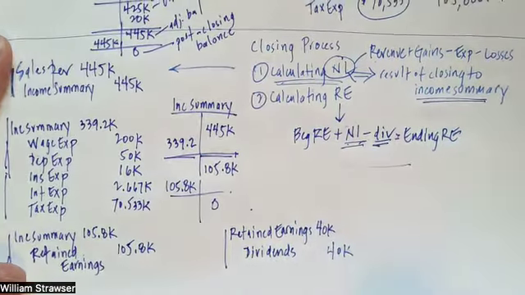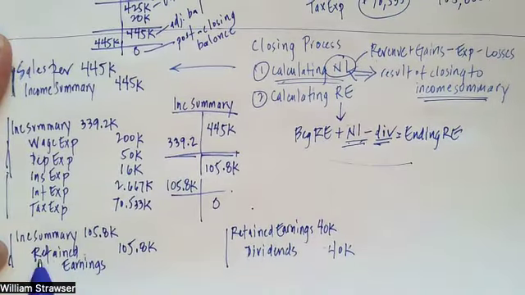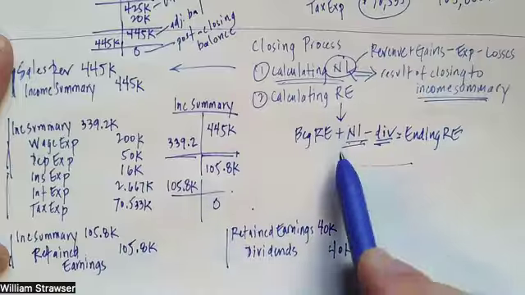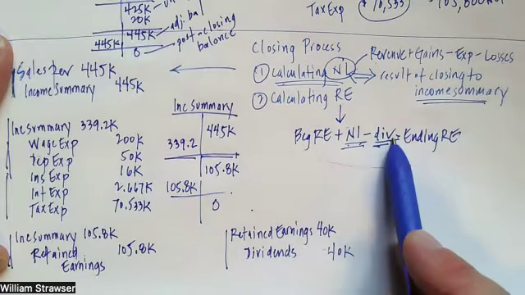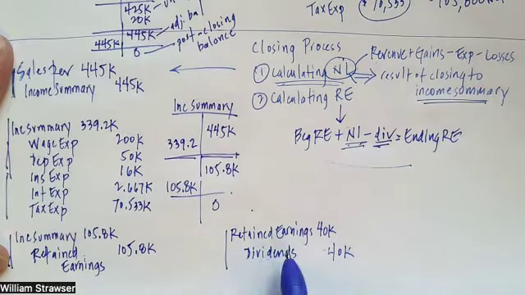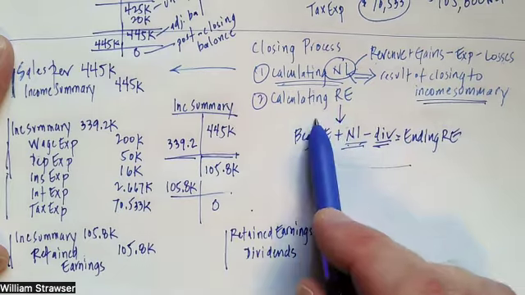Because retained earnings is an equity account, a credit to retained earnings does increase it, but a debit to retained earnings will reduce it. So that is exactly what these two entries are doing. They're calculating my retained earnings for me.